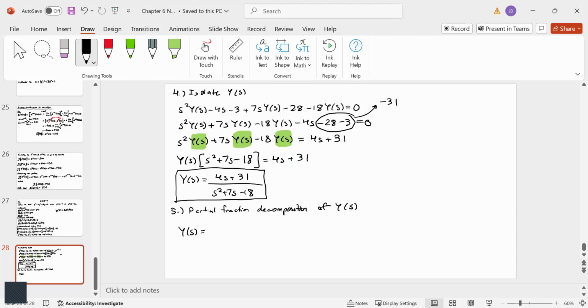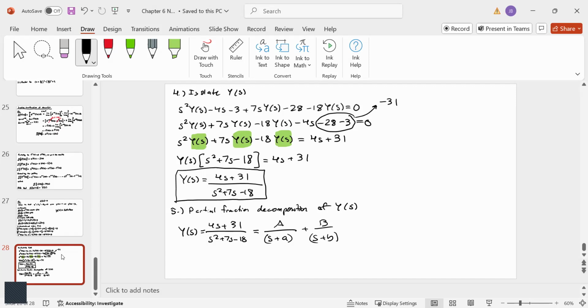Essentially, what you're doing is this. You're converting this entire fraction into A over s plus a plus B over s plus b. Something like that.